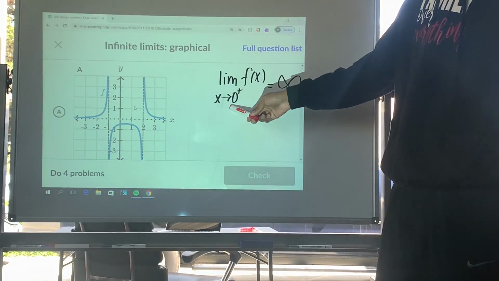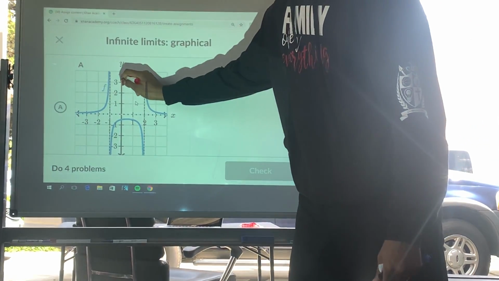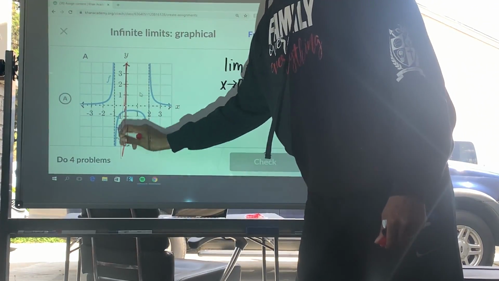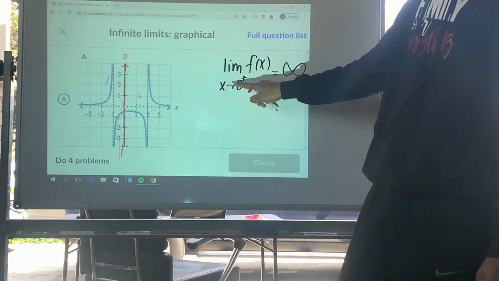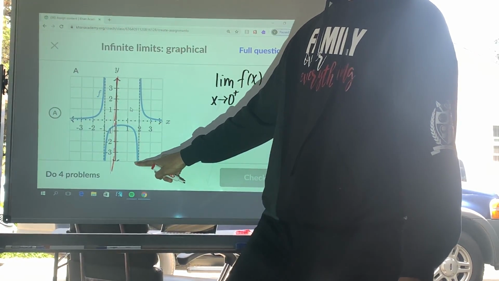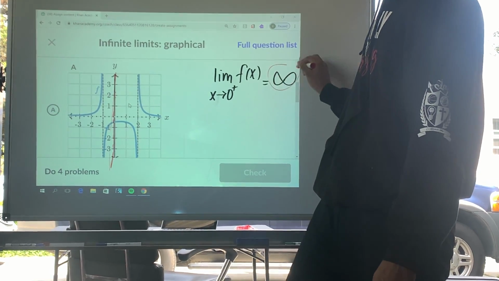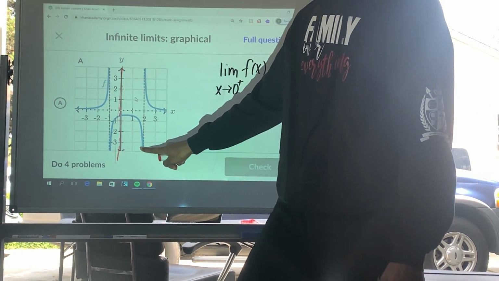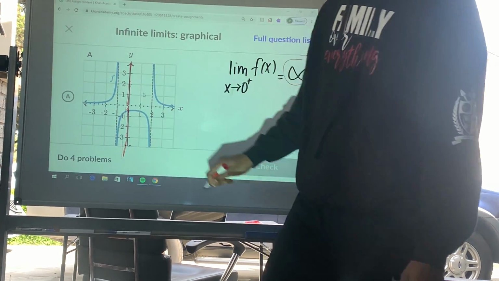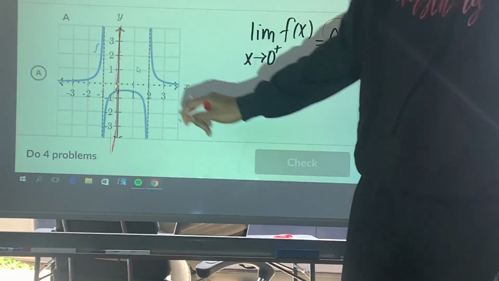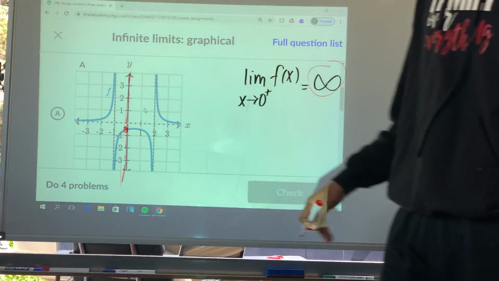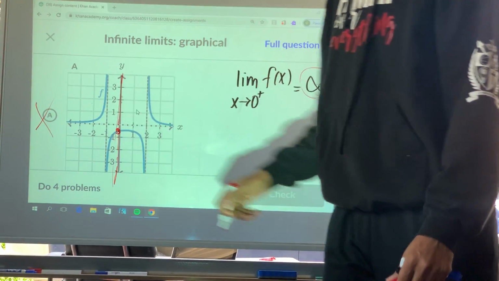I'm interested at 0, so that's going to be right here when x is 0, the y-axis. Now, as I approach 0 from the right, what happens? I should go up to infinity. But if I look at this one, as I approach 0 from the right, I actually get, I don't know what that looks like, negative 1/2. Nope, that's not infinity. So I know it's not A.